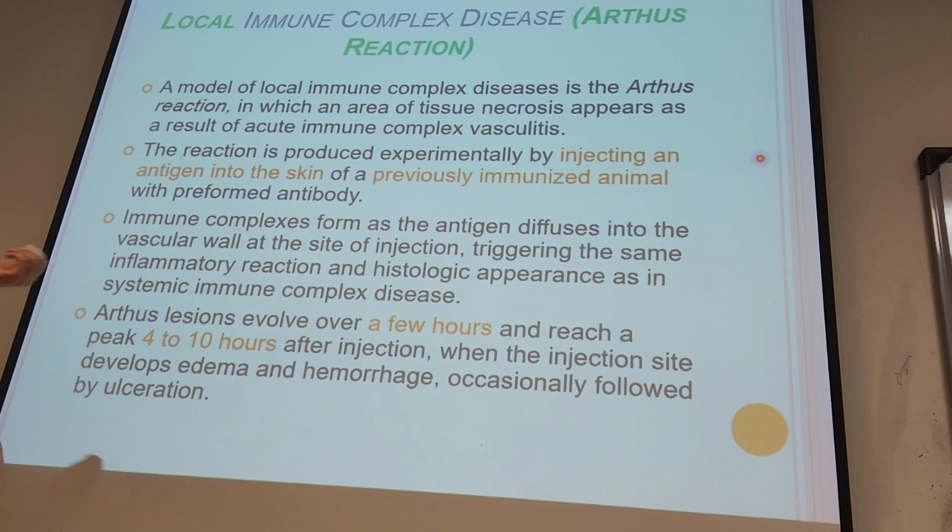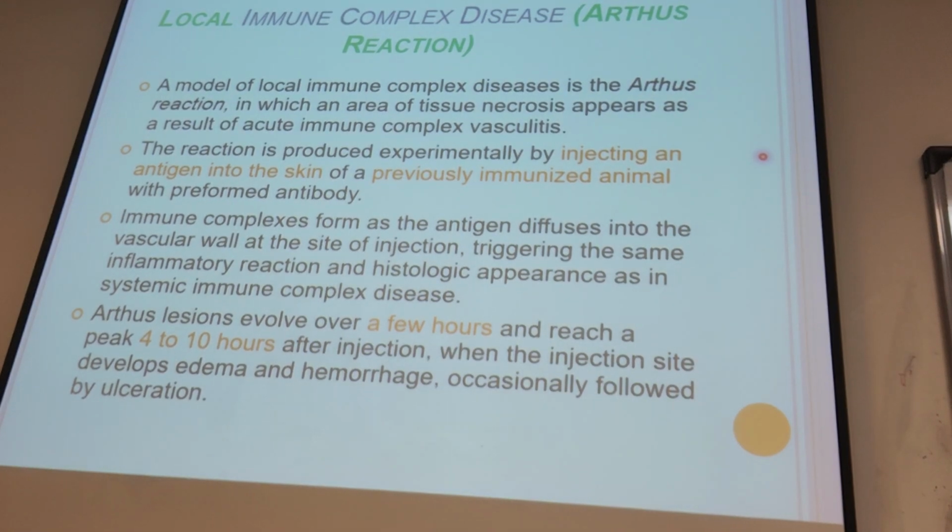And I told you, most of the times we have systemic symptoms due to immune complex deposition. Yes, but sometimes we can have local form of immune complex disease, which is called Arthus reactions. How is it possible? We induce this type of reaction.